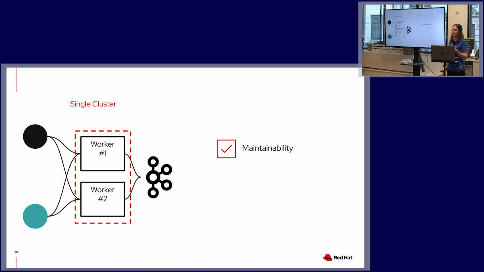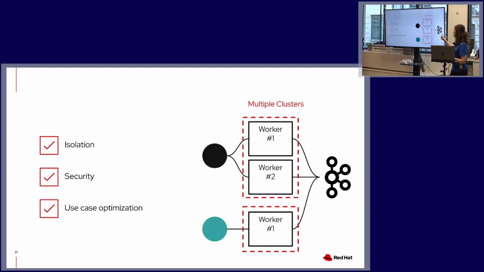But there are multiple different reasons why you might want to consider running multiple separate clusters. The first one is around isolation. Kafka Connect automatically will distribute the workload across the workers in the cluster, but it doesn't have any understanding of the different connectors that are running and the resources that those connectors need.